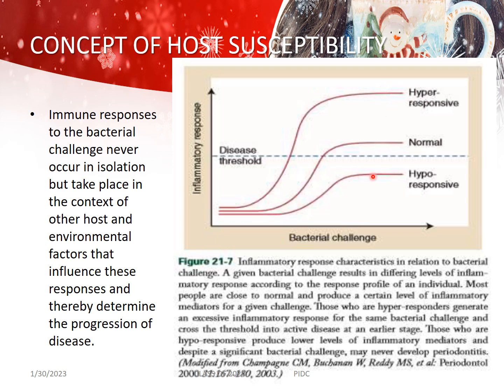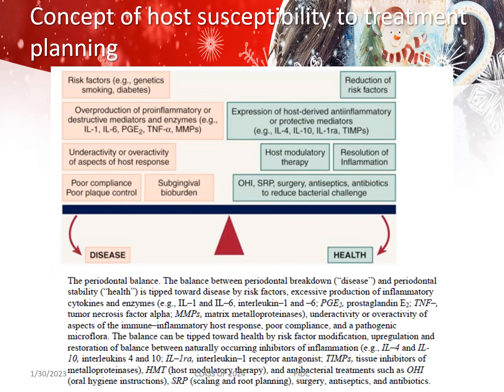Those who are hypo-responsive produce lower levels of inflammatory mediators and, despite a significant bacterial challenge, may never develop periodontitis. So this is what the authors found, that you could have hyper-responsive, normal responsive or hypo-responsive individuals. Based on all this, the concept of host susceptibility in treatment planning came into play.